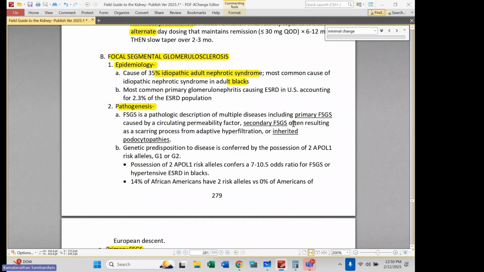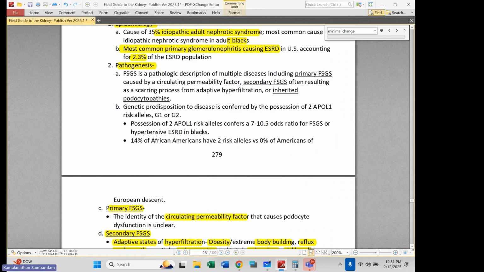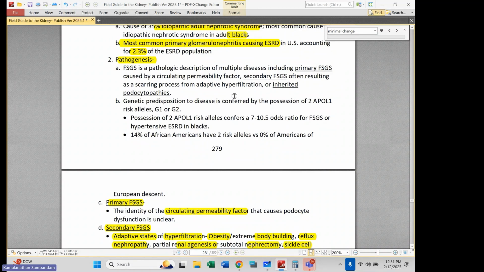And it is really the most common GN that is associated with ESRD, even though it's still a small proportion of the ESRD population that is listed as FSGS as the primary diagnosis for their cause of ESRD. But still, it has sufficient morbidity that we need to pay attention to it, and we need to push progress forward in how we treat FSGS, because we're still very limited in our therapeutic skill in approaching this problem.